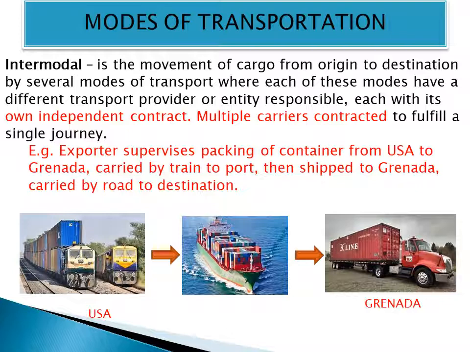So the train is one contract with one provider, but that's a different company offering that train service. So you have a contract with them, and the exporter will be handling those on your behalf since they are based in that country. And then you have the ship now, which will be taking the container to Grenada. So that's another contract, and a different mode. So we have land transport and then we have sea transport, two different modes. And then we have getting the container from the ship when it gets into Grenada port.